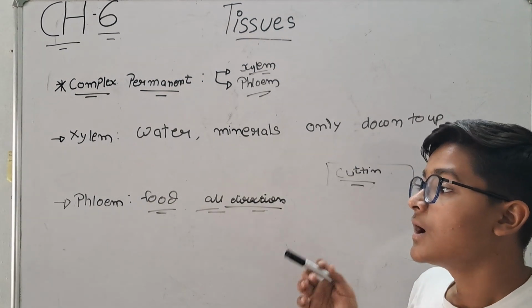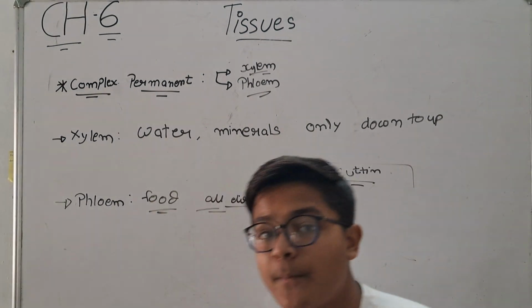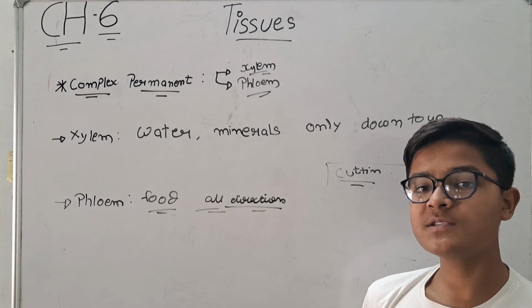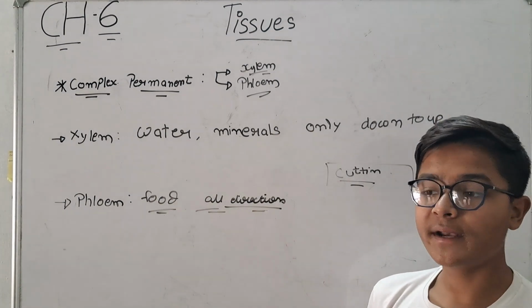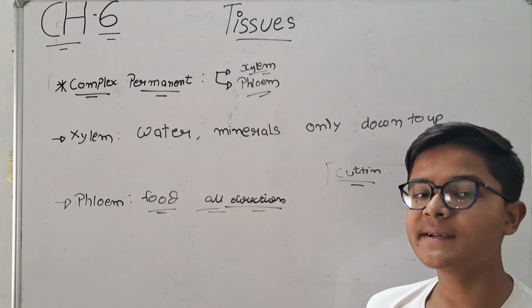What is epidermis? The first protective layer of a plant is known as epidermis, and cutin is present on it in desert plants only. Why is it present in desert plants?